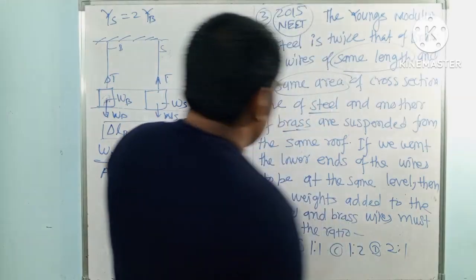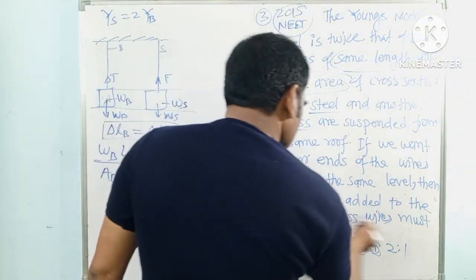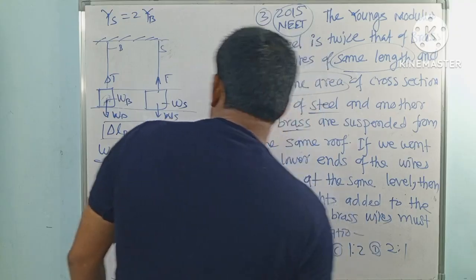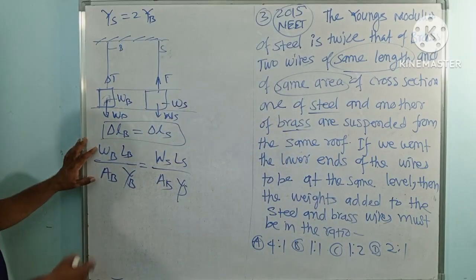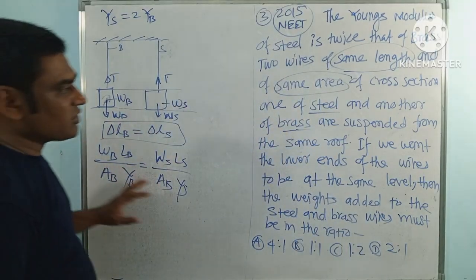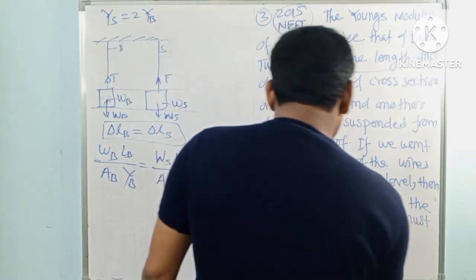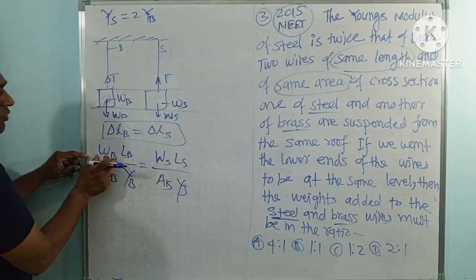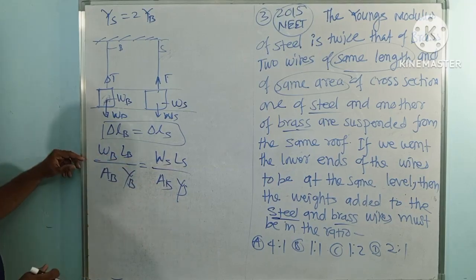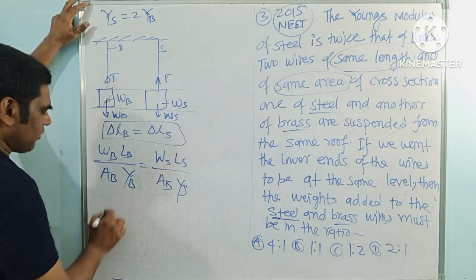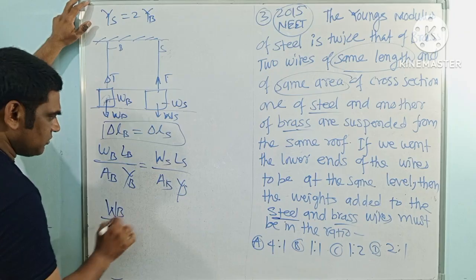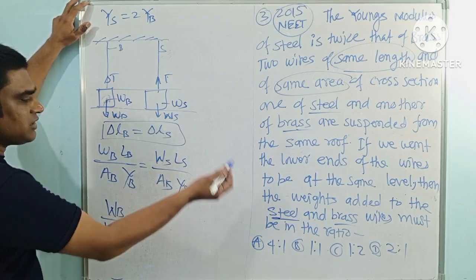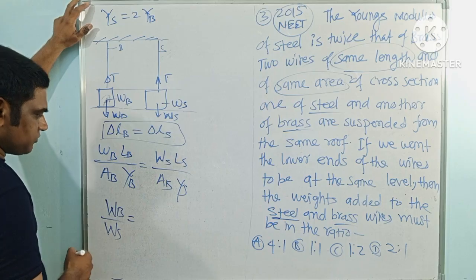So what they want then? The weights added to the steel in the ratio. So this ratio we have to calculate. This by this ratio. First is what? Steel to the brass. Steel first. So this W you take on this side, or you calculate this. W, yes, I will take here, and remaining things on that side.